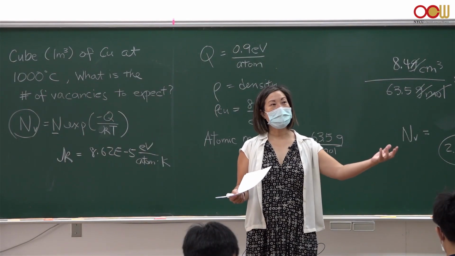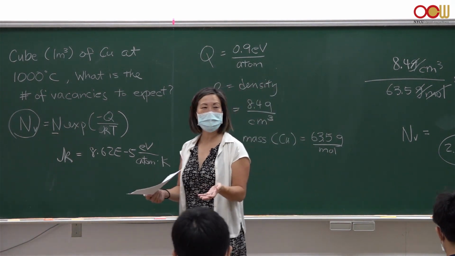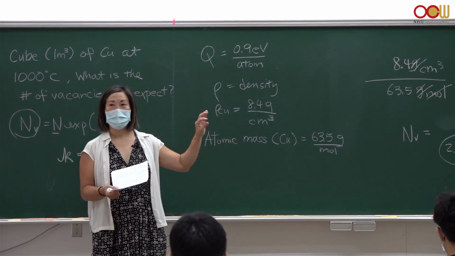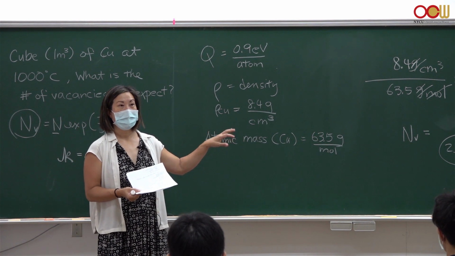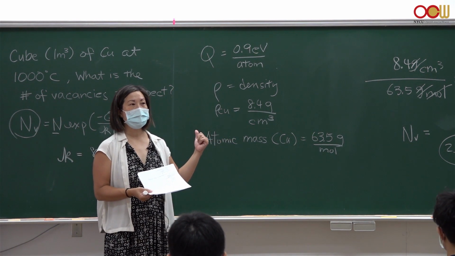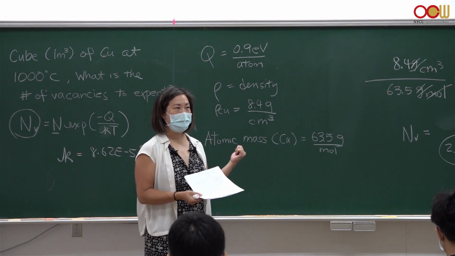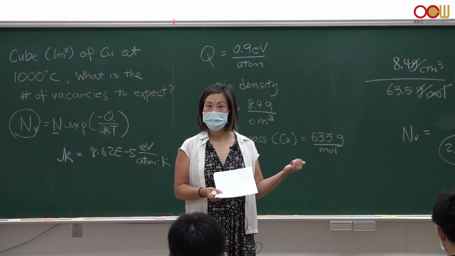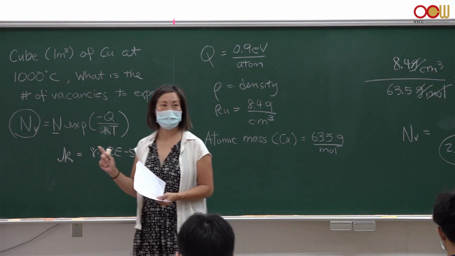If you only put the copper in there for a minute, it really depends on how long it takes for these vacancies to occur, right? So it doesn't tell you anything about how fast this will be. It doesn't tell you the rate. This equation only tells you what will happen if you give it sufficient time. But it doesn't tell you how fast it will happen. So it might take a minute, it might take an hour, right? There's no units in here that has anything to do with time.